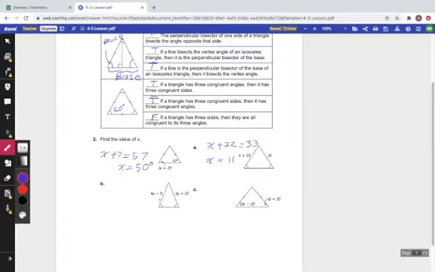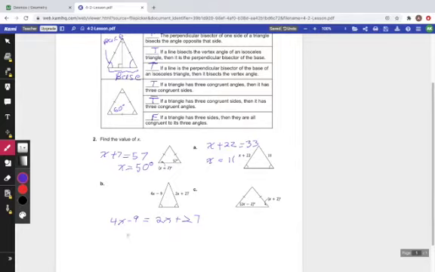For B, the two base angles, I'm told they are congruent, which means these two sides are congruent. So 4x minus 9 must equal 2x plus 27, and that means that we can solve for x.